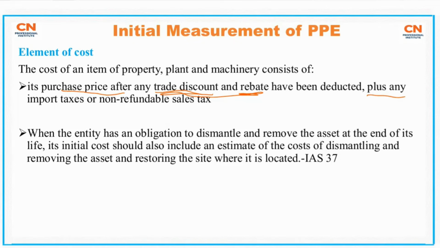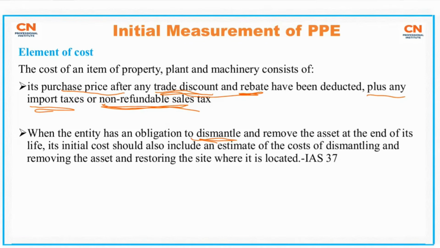And they said plus any import duties and non-refundable sales taxes. I told you that non-refundable taxes are added, but the refundable ones are not added. It's the non-refundable that we add. Then this is when the entity has an obligation to dismantle. This is what I talked about, the decommissioning cost, or the restoration cost.